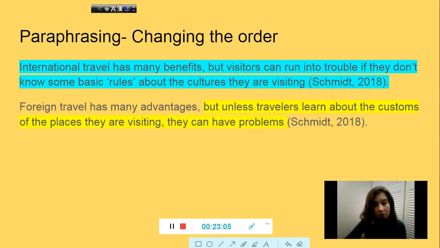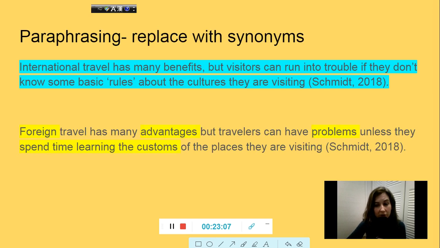So again, let's just do a quick review of what we did last week. You can see, international travel has many benefits, but visitors can run into trouble if they don't know some basic rules about the cultures they are visiting. Remember, that was the original text. And we replaced it with some synonyms: foreign travel has many advantages instead of benefits, foreign instead of international, and problems instead of trouble.